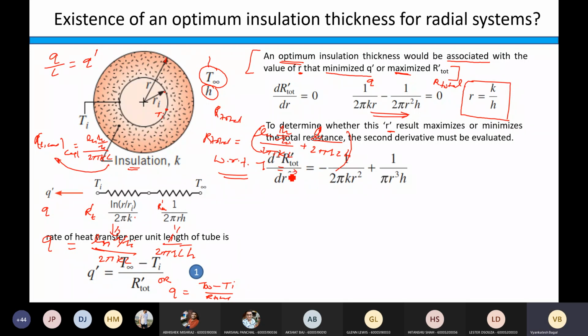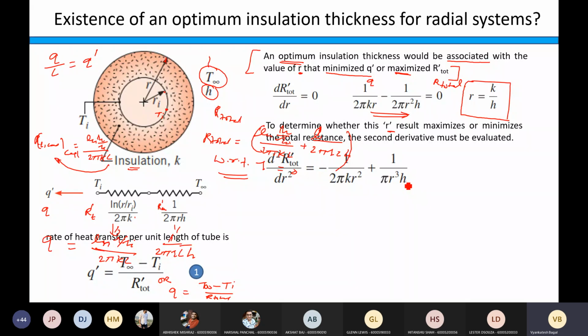So d square R dash total by dr square, or d square R total by dr square, whatever term you are using. You have to differentiate this one more time. So you will get minus 1 upon 2 pi k r square, plus, differentiating once more, 1 upon pi r cube h.